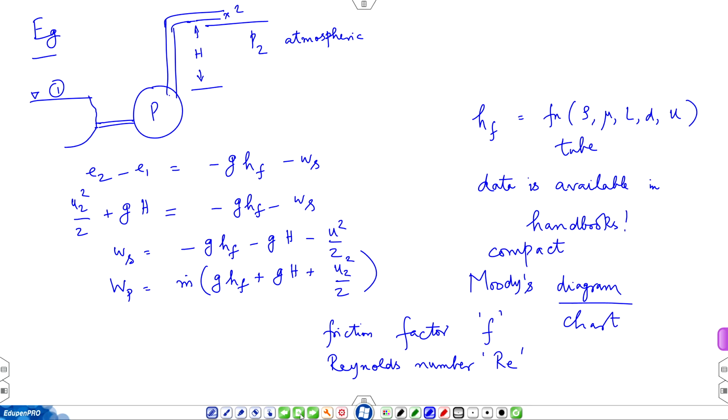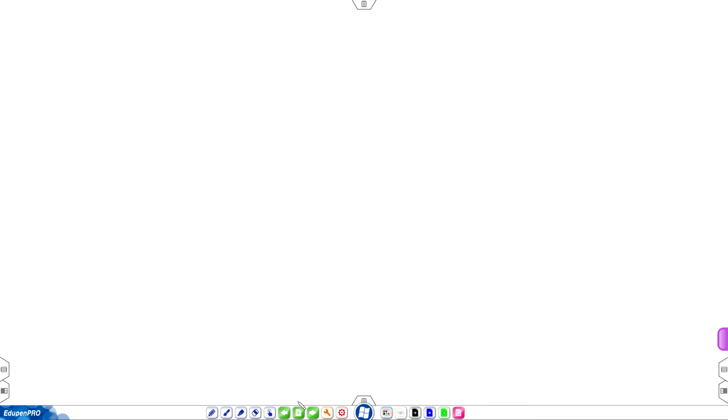So, Moody's diagram is a plot of friction factor F as a function of Reynolds number for flow through a tube.